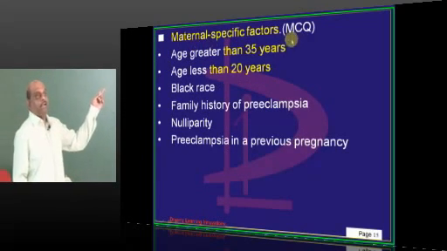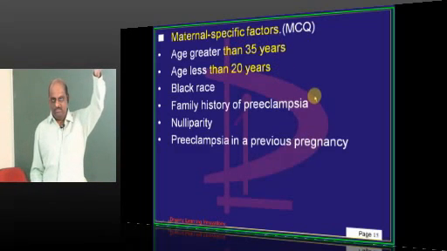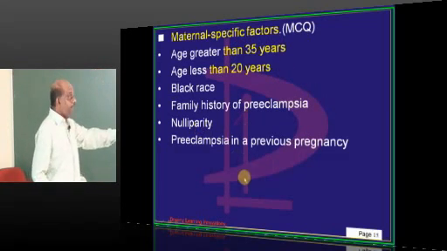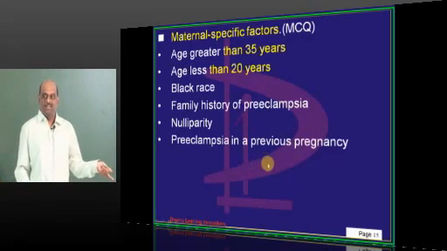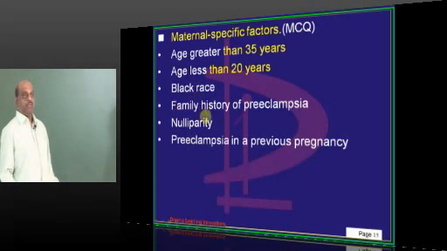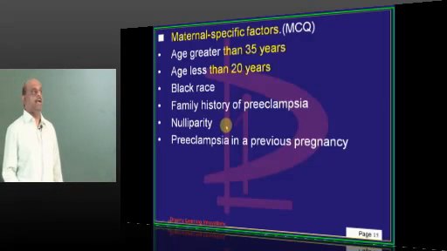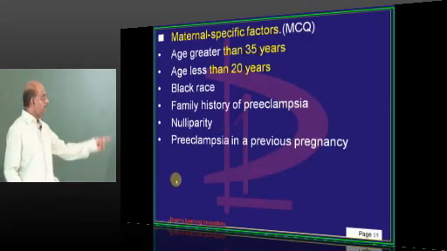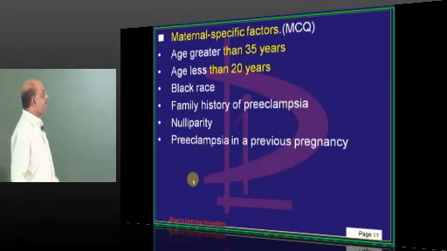Then certain maternal specific factors. If the mother's age is more than 35 on one end, or even if it is less than 20, teenage pregnancies also can lead to the development of preeclampsia. Family history. My mom, my aunt, my great grandma, everyone had a high BP during pregnancy. Nulliparity is a risk factor.